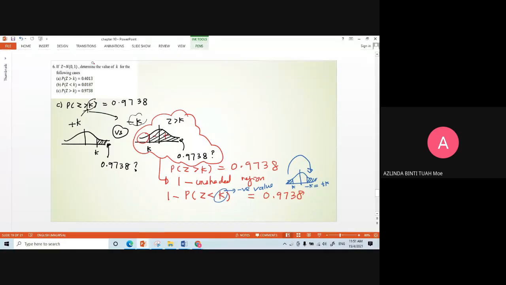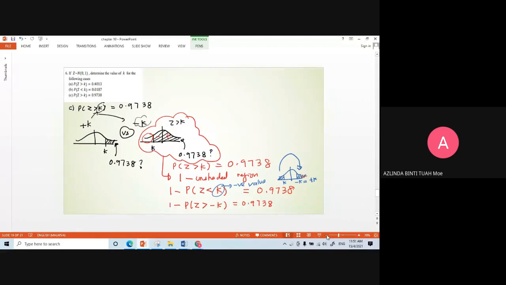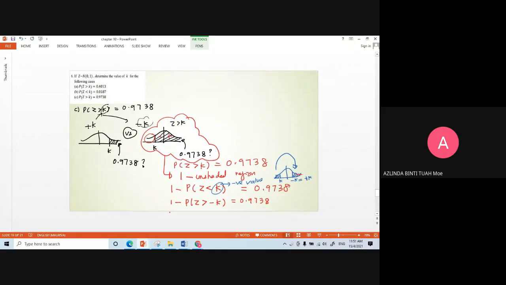So seterusnya 1 minus P reflect, dia jadi Z dari less than, sekarang dia dah jadi greater than. Dari yang bernilai negatif, sekarang dia dah jadi positif selepas kita darab dia dengan negatif 1. Okay, so pindah sebelah. 1 minus 0.9738 berapa? 0.0262.